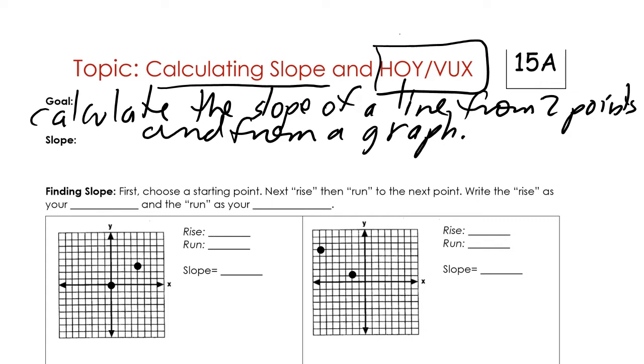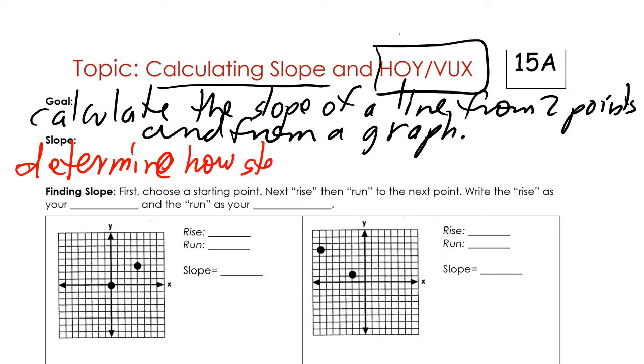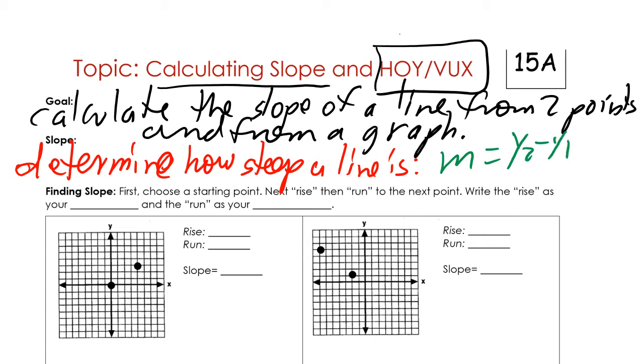The slope is simply how we determine how steep a line is. You can think of a ski slope. Our formula is this: m equals y2 minus y1 over x2 minus x1.